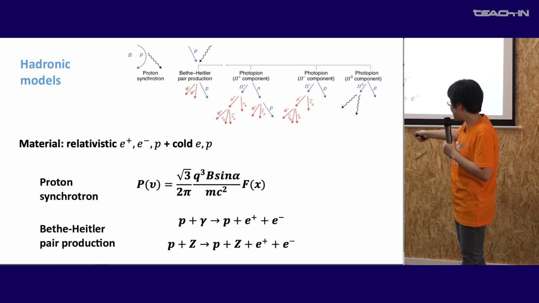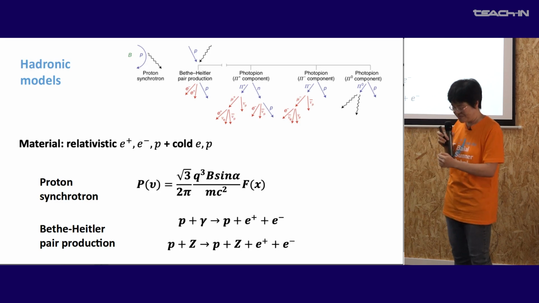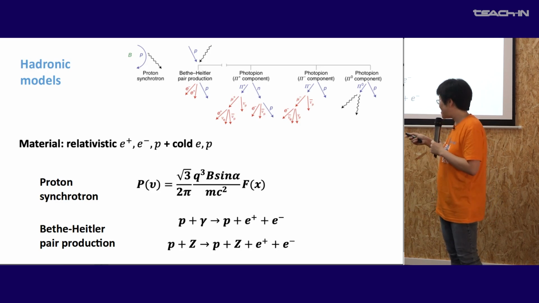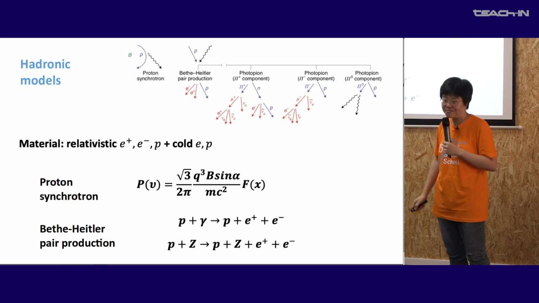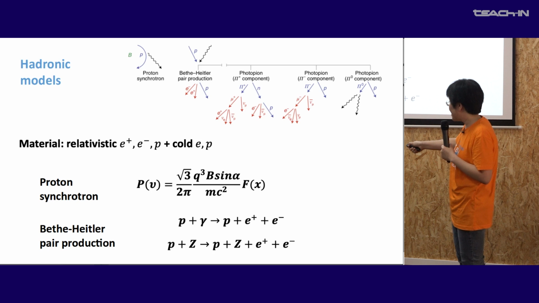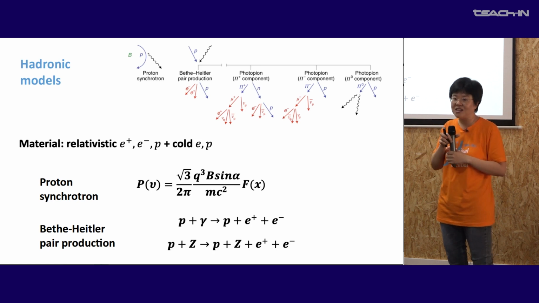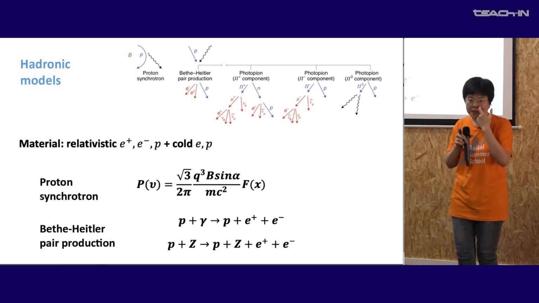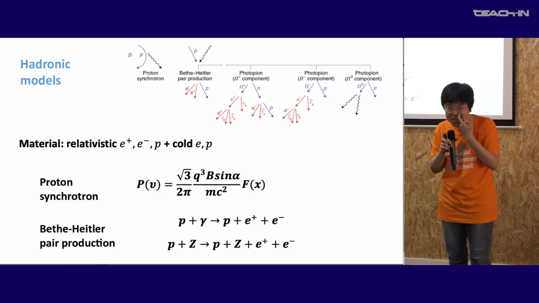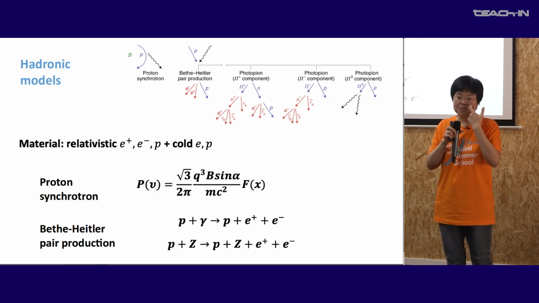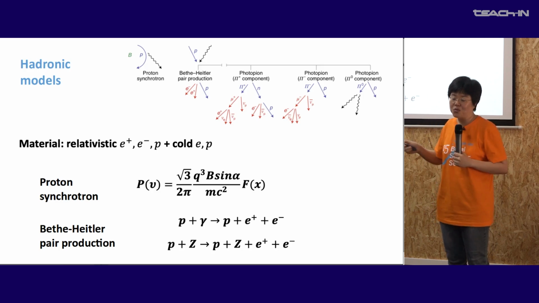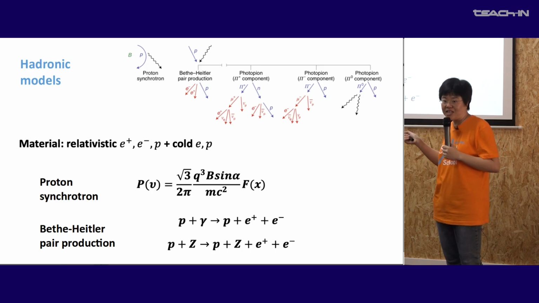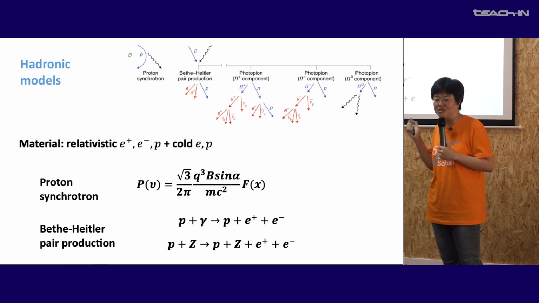Or you will meet other nuclei and produce the electron and positron pair. Bethe-Heitler pair production, sometimes it's not that dominant, but sometimes, especially if you learn about the study of NGC 1068, it will decide the maximum energy of your proton. We'll come back to that later.